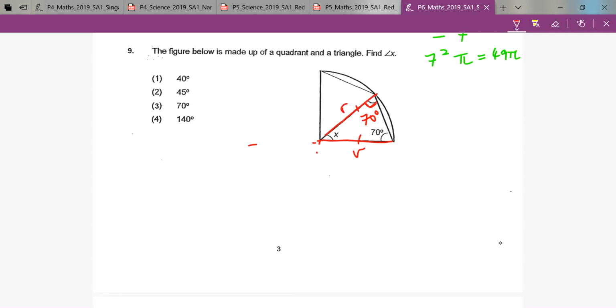Property of isosceles triangle is that the base angles are the same. So x is going to be 180 minus 70 minus 70. Why is it 180? Because the angle sum of a triangle is 180. All angles in a triangle added together will be 180 degrees. So the answer for this is 40.